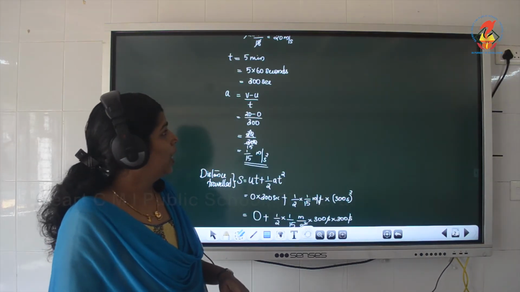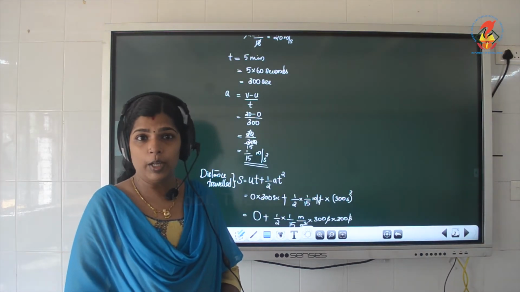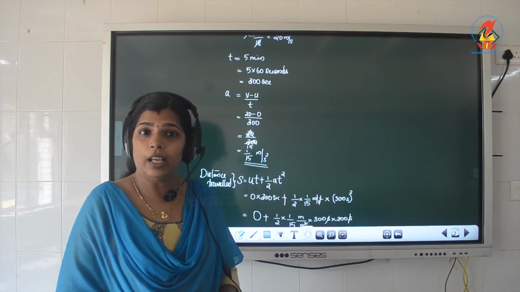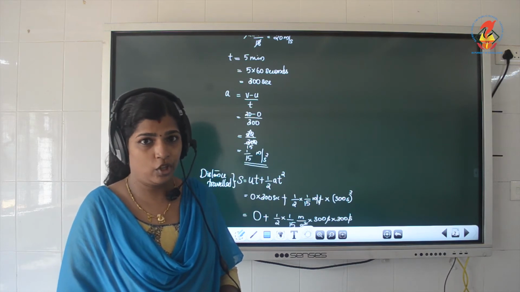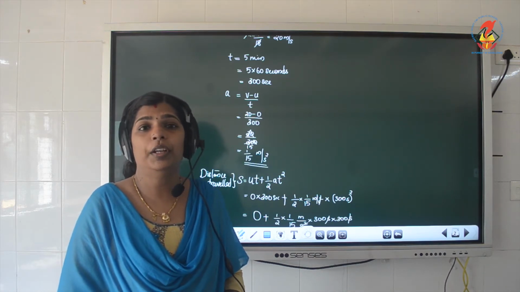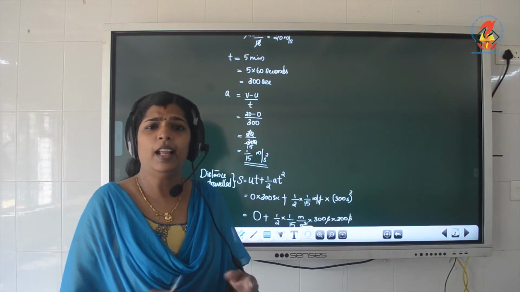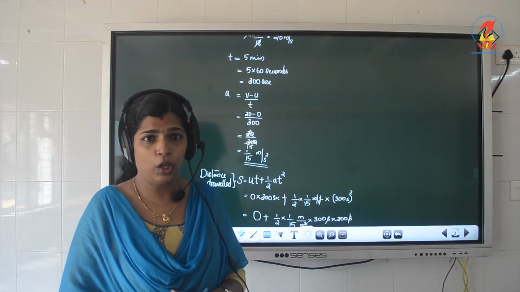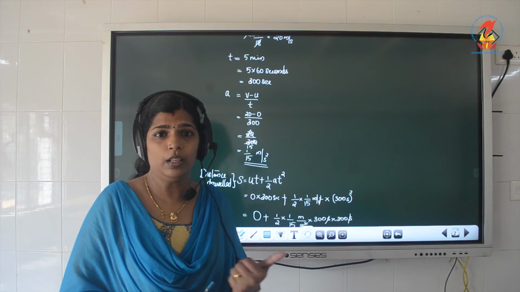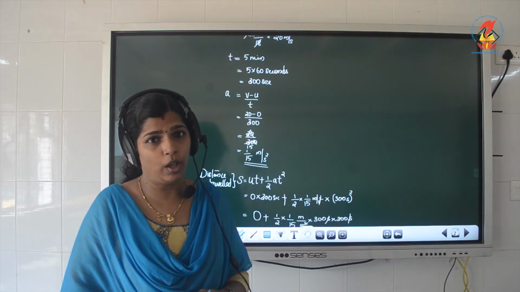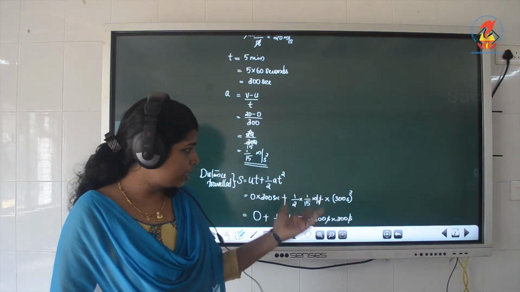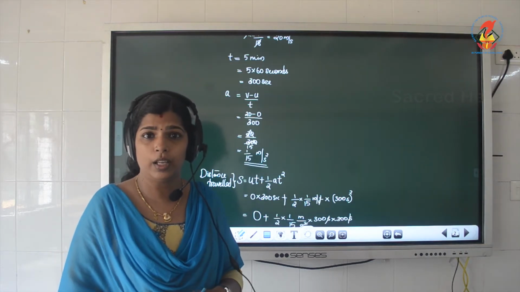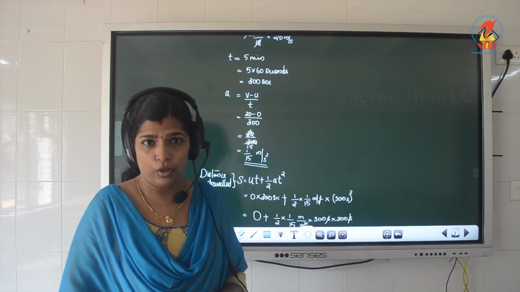So, the equation we wrote was a equal to (v minus u) by t, and we calculated the acceleration. Then we need to find the distance. Either of two equations can be used: v square minus u square equal to 2as, or s is equal to ut plus half a t square.